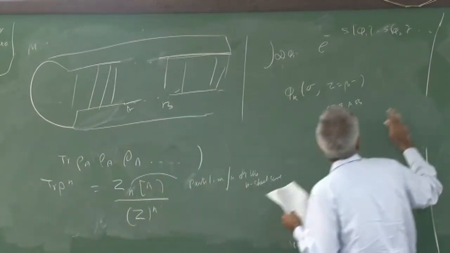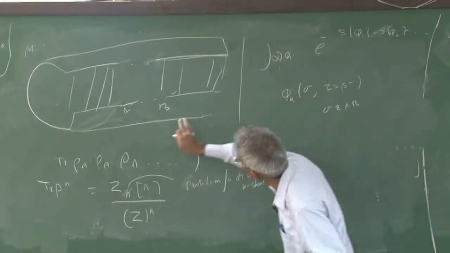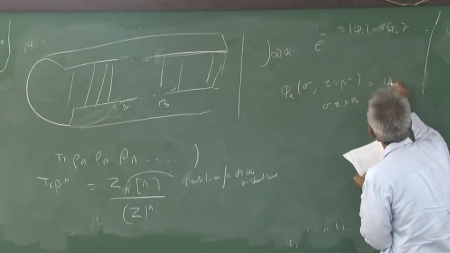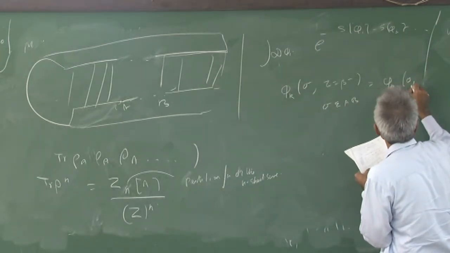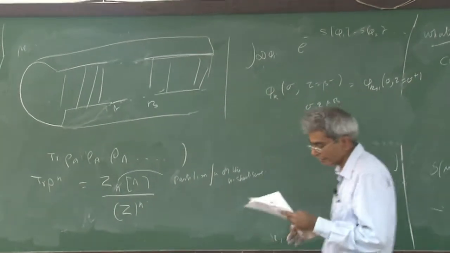Yeah, there is a boundary condition, and at tau equal to beta minus, it is attached to the next copy, and so on. So, the nth copy is attached to itself.